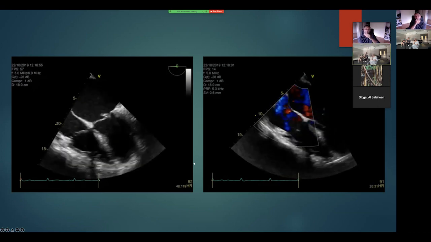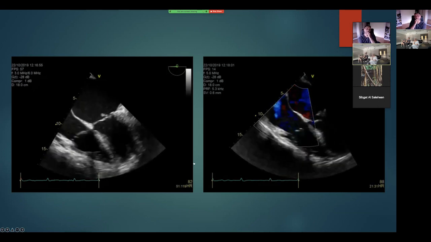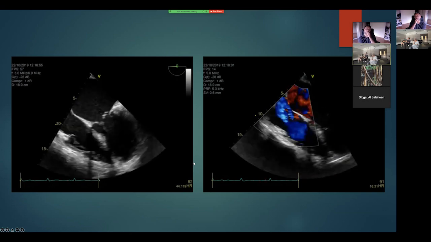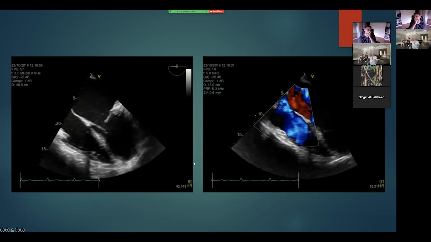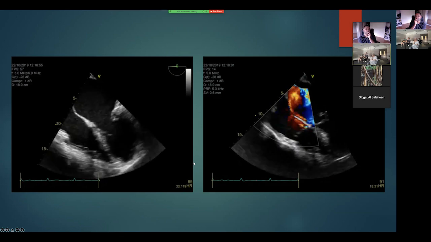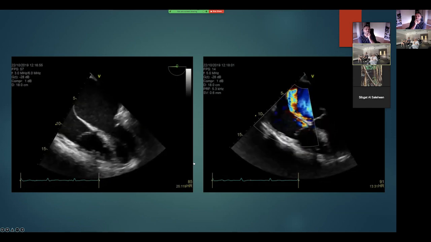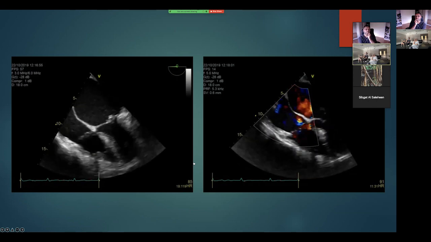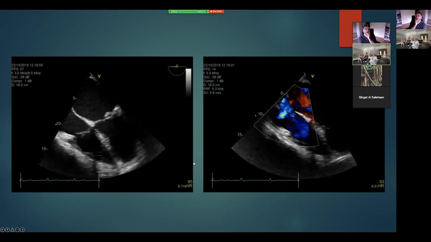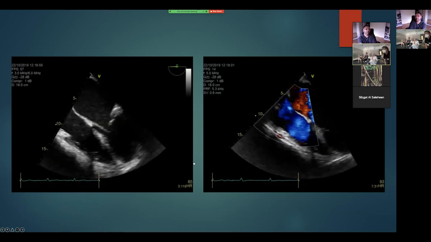On the color Doppler, it looks like there's a lot of regurgitation, directed towards the right side, so anteriorly directed regurgitation. And can you remind us what scallops you'll be looking at?